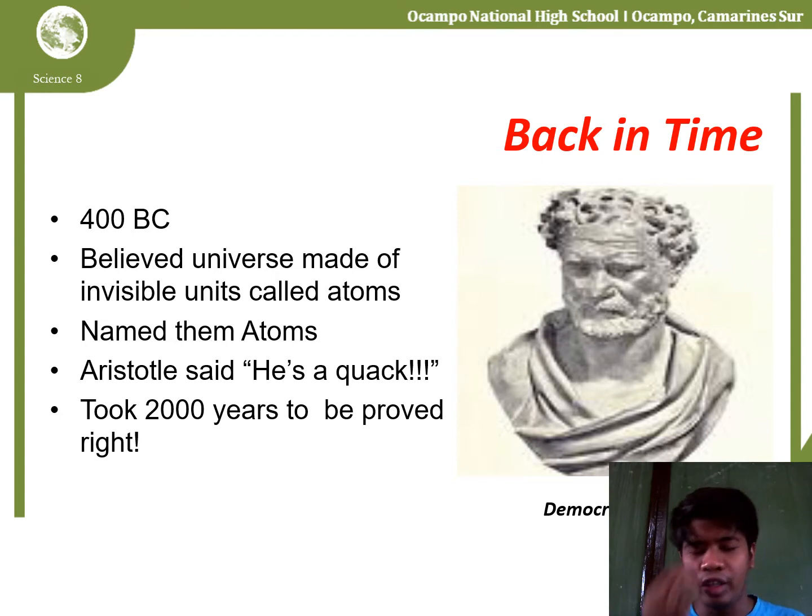Now, the idea of atomos, or that everything in the universe is made up of small invisible particles or units, came from Democritus. However, during that time, Aristotle was a very famous philosopher, and the idea of Democritus was not supported by Aristotle. Aristotle believed in the idea of Empedocles.